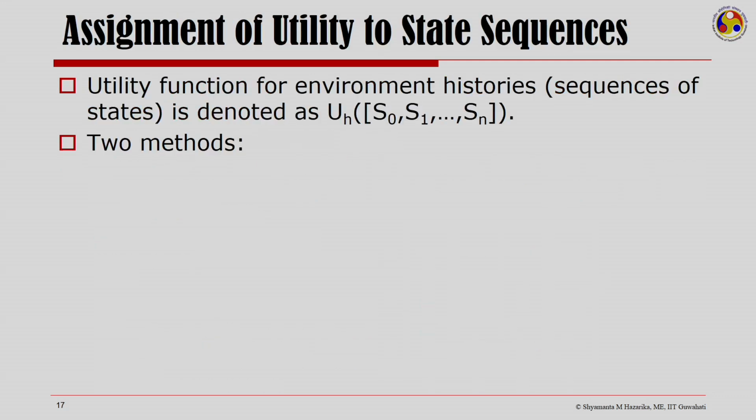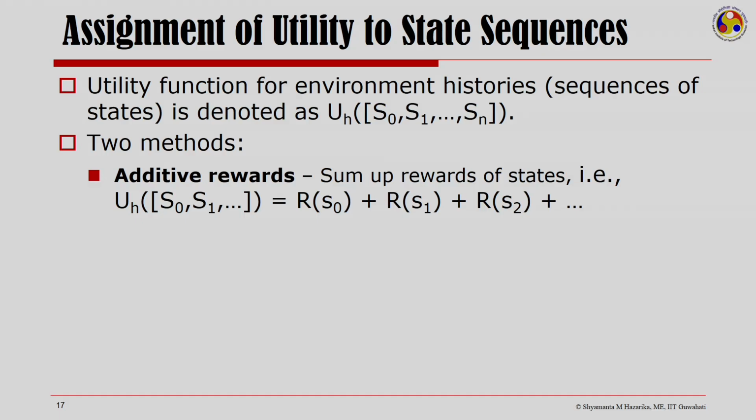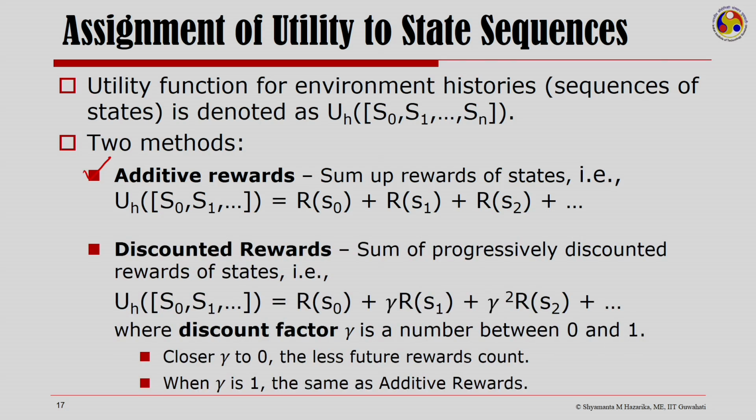Once we have the environment, the utility function for environment histories or sequence of states is computed under two methods. One is called the additive rewards. The additive rewards method is about summing up the rewards of states that comprise the environment history. The other method is called discounted rewards, which is about the sum of progressively discounted rewards of states.